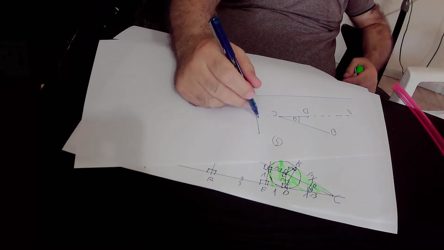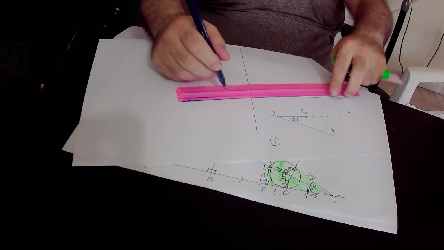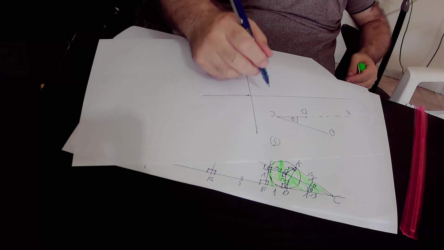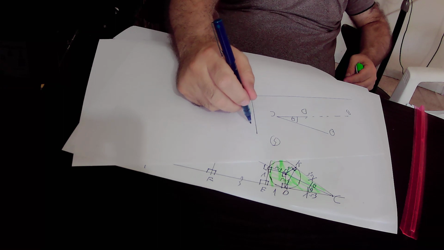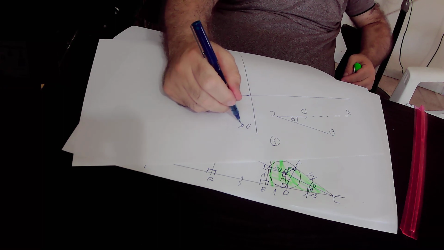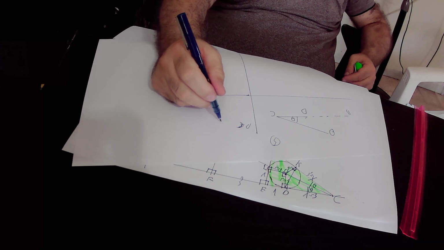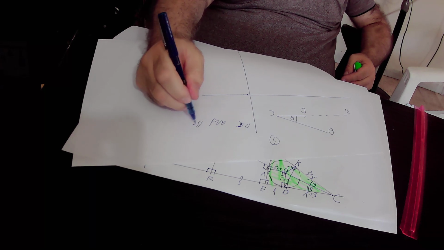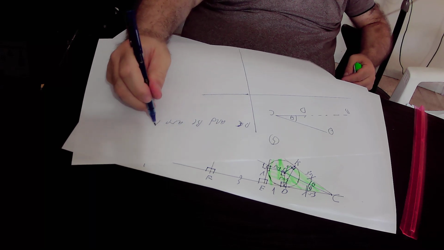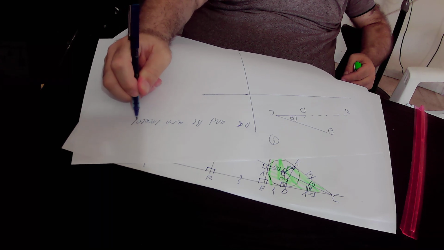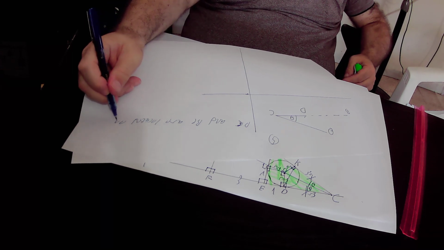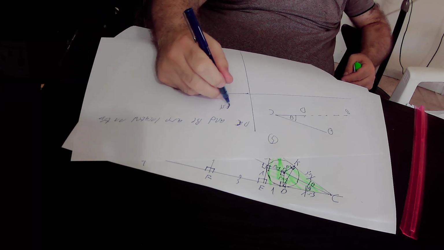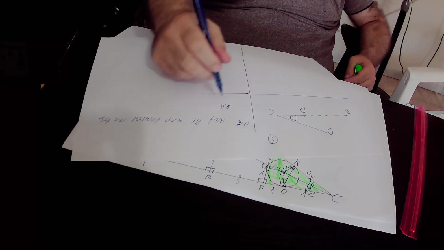I can write here that leg DC and BC are located on the same straight line. Why? Because DC is part of BC.